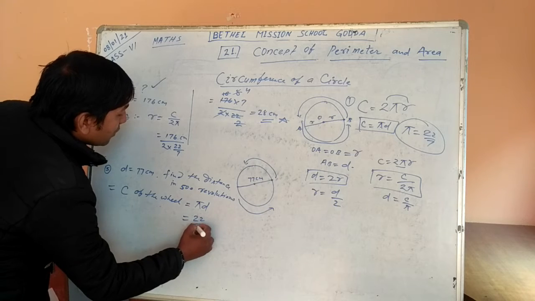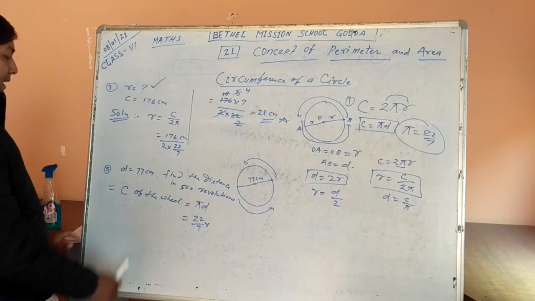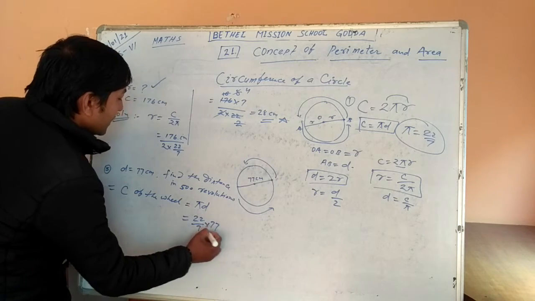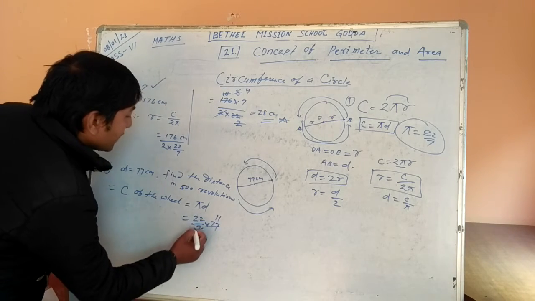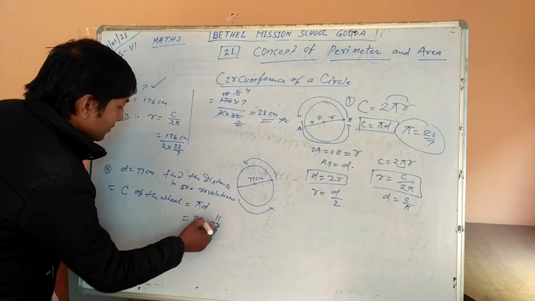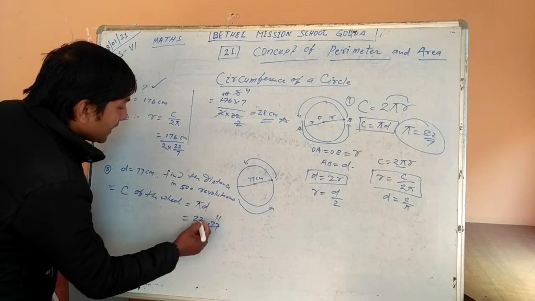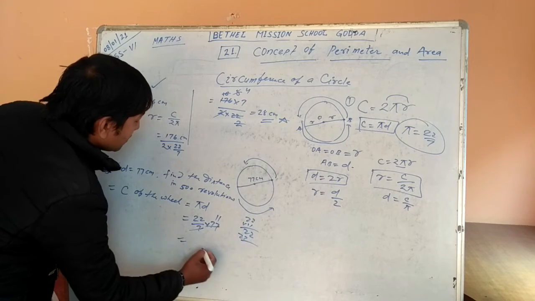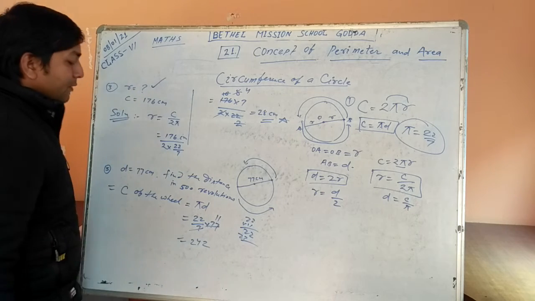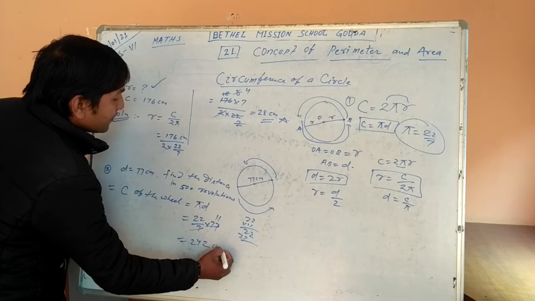Pi 22 upon 7 and d is 77. That is 11 times. Okay, 22 into 11. Okay, multiply 22 into 11, 242 centimeter.